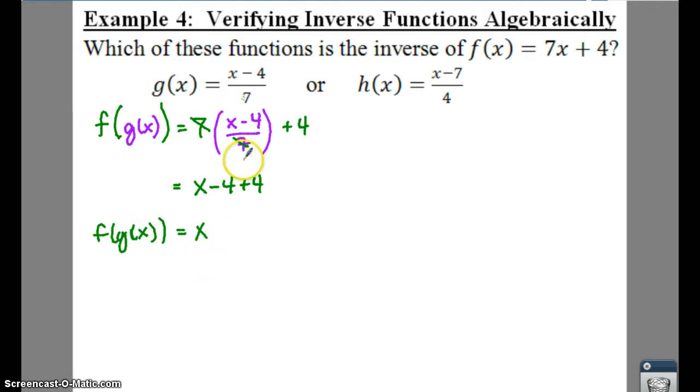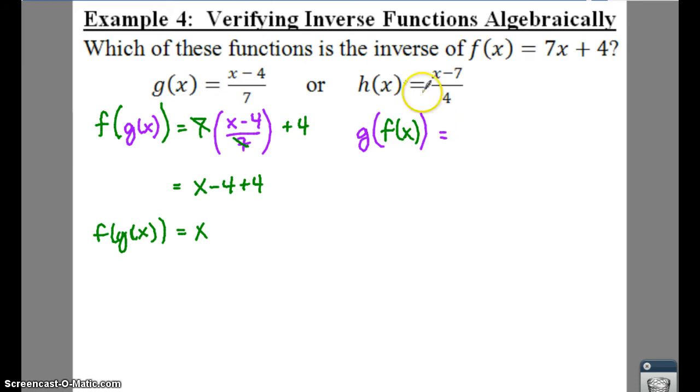That's great. Now if g of f of x is also equal to x, that means we'll be able to say that they are inverses. So we need to plug f of x into our g of x. We're going to take our 7x plus 4 and plug that in for the x over here.